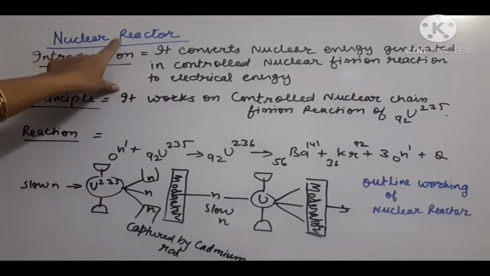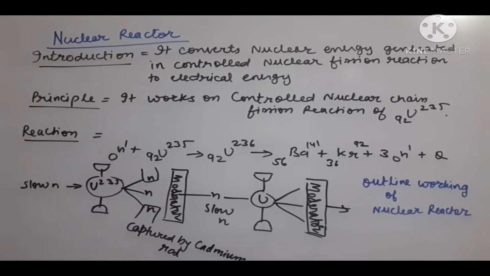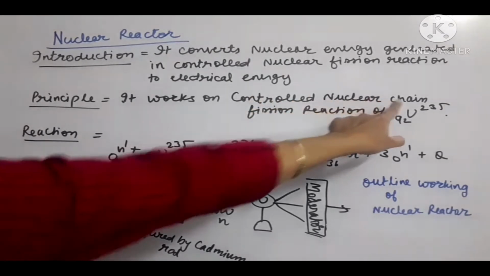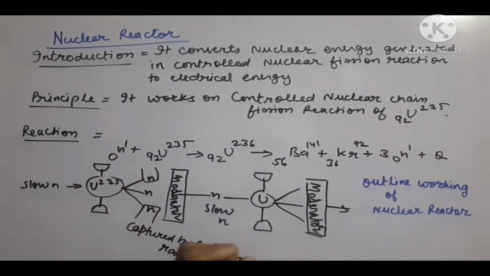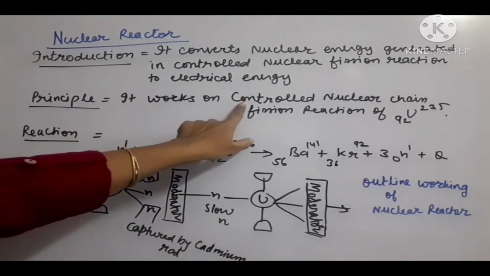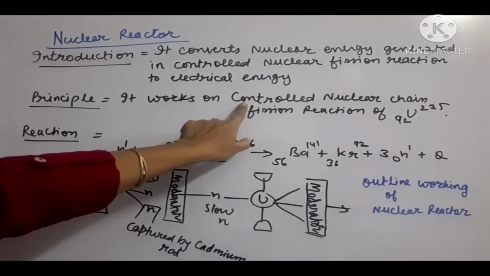Basically this nuclear reactor we are making based on the controlled nuclear chain fission reaction of uranium-235. So the principle is this: we are doing a chain reaction of fission, and that also controlled.